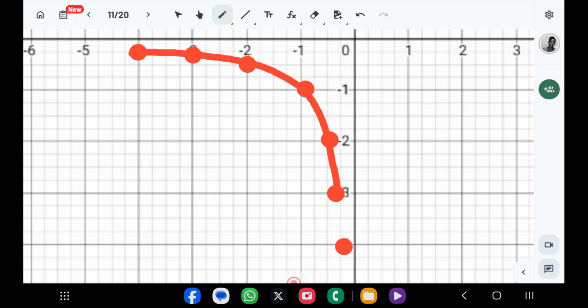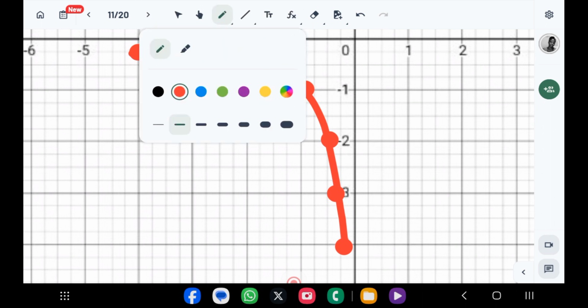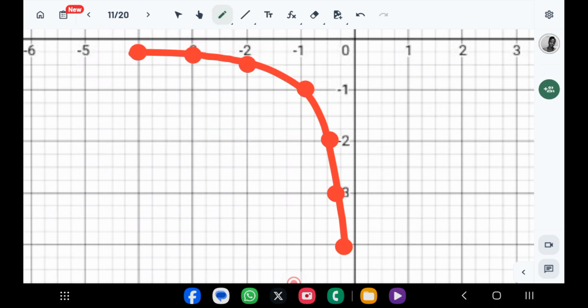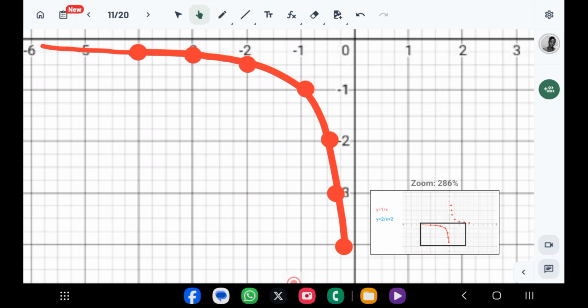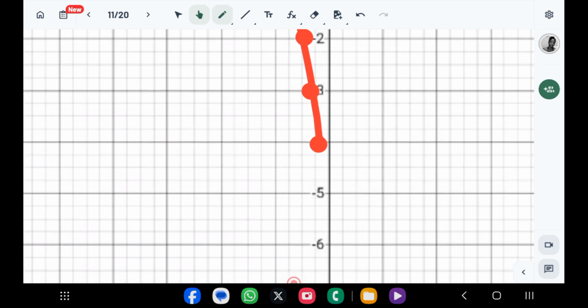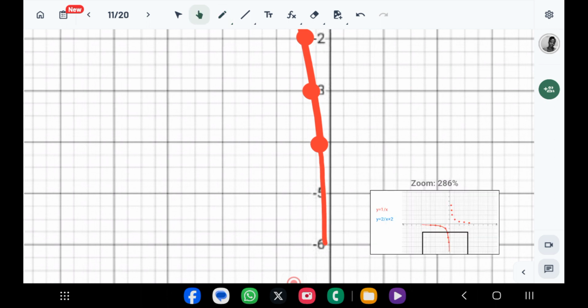You don't have to draw this red graph. I'm drawing it so you have some perspective. Now let's draw the tail. That's the tail. On the other end, let's draw the tail as well. That will be enough. All right, let's connect the other points.